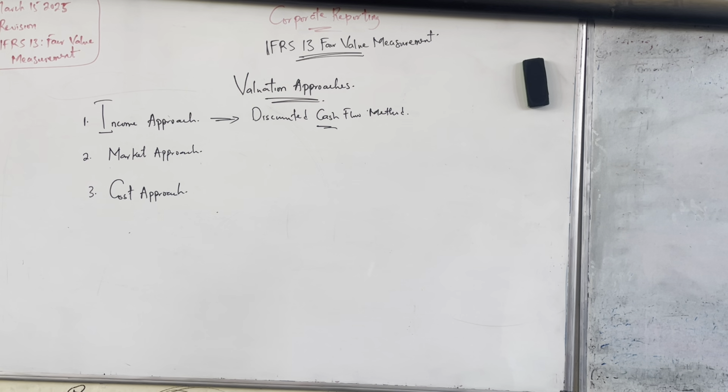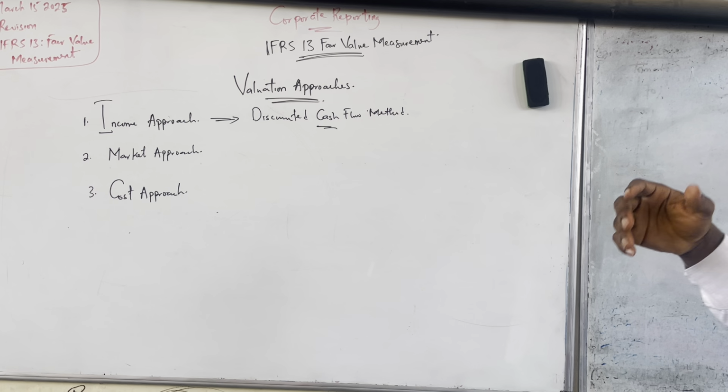And this approach cannot be used for all assets. It can only be used for probably you want to determine fair value of, let's say, a private company, or a long-term contract. When you have a long-term contract that they gave you a contract for 5 years, and you want to get what's the value of this contract, you can use DCF.